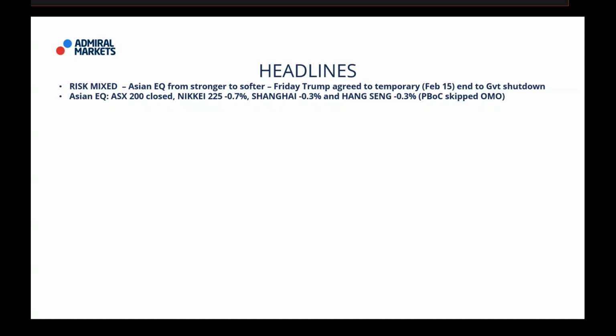We had one very large Nikkei component coming out with some negative year-end balance sheet information, and that caused the reaction on top.